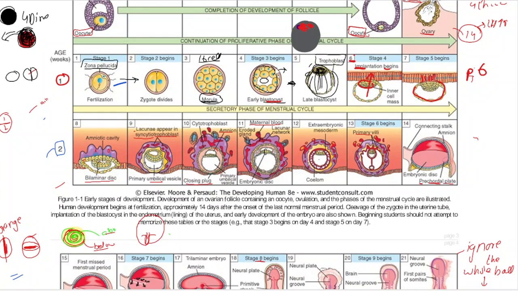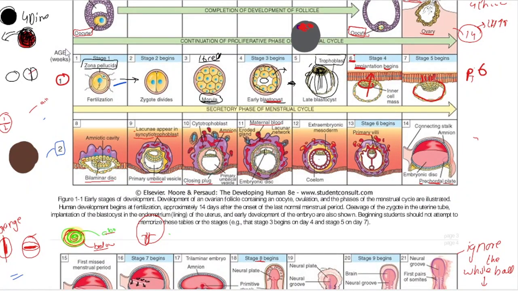Now again, come to the second week. In the first week implantation occurs, and the blastocyst stage. Now in the second week, you have to understand that you are learning about the ball. This is the ball.